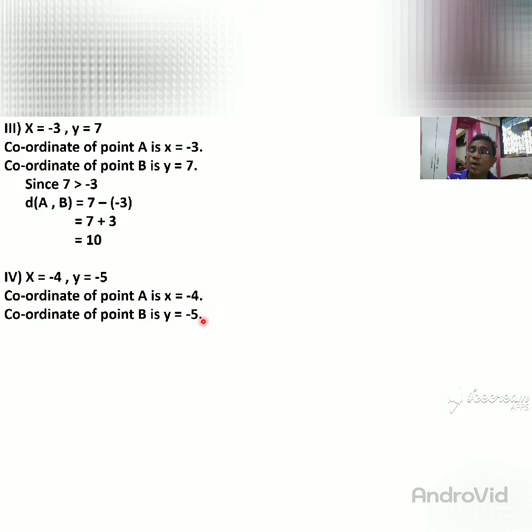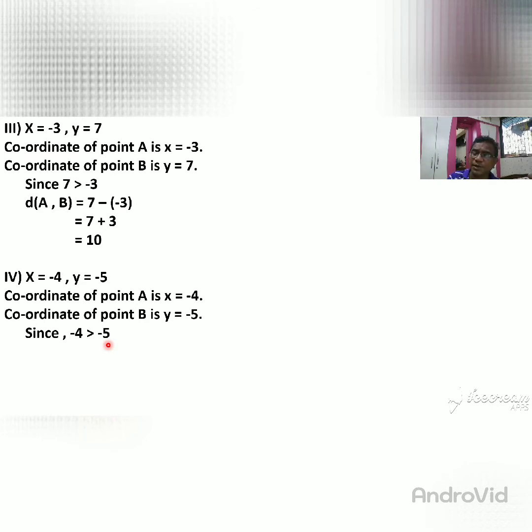You understand why? Because going from 0 into negative numbers, the numbers become smaller. So minus 4 is greater than minus 5.